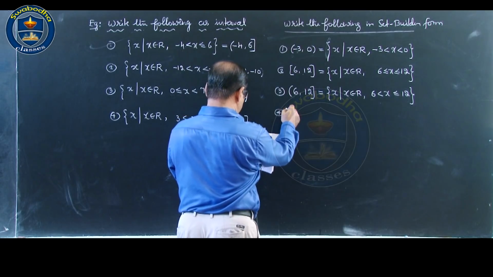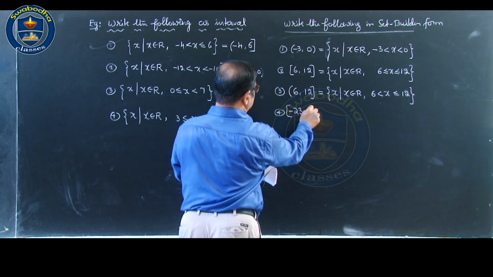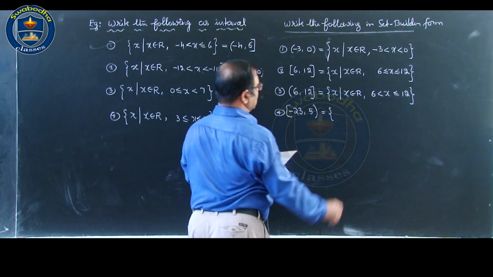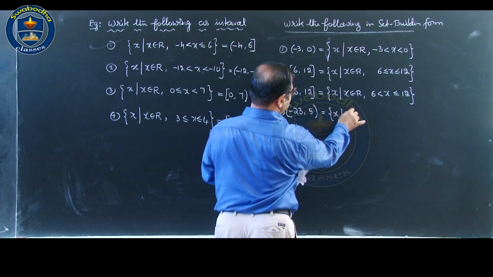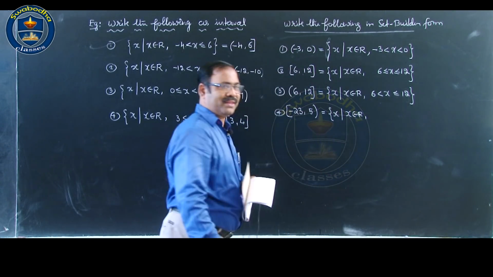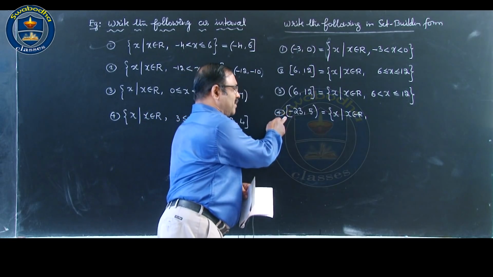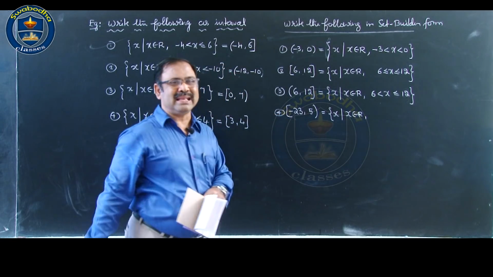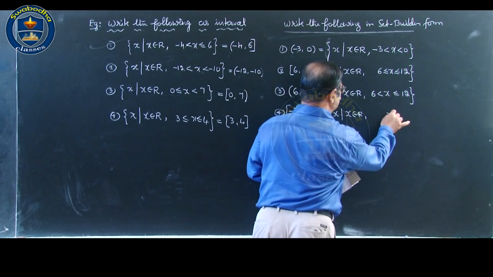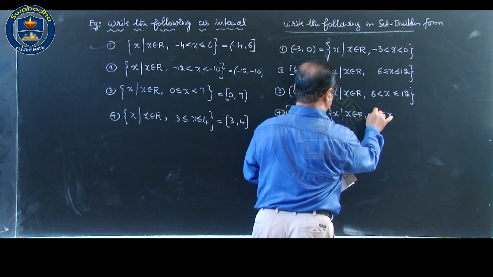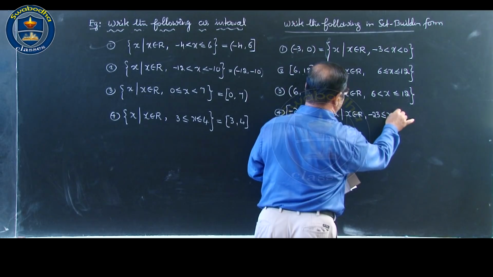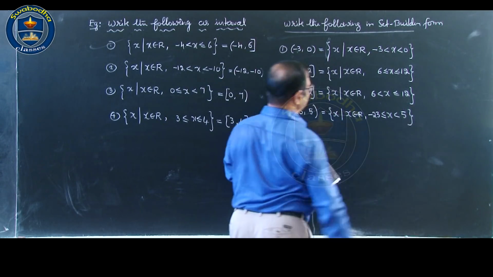Similarly, the fourth one, that is [-23, 5). So, this is the set of all x, x belongs to R. Now, closed from this side, open from the side of 5. So, x is greater than or equal to -23 and strictly less than 5.